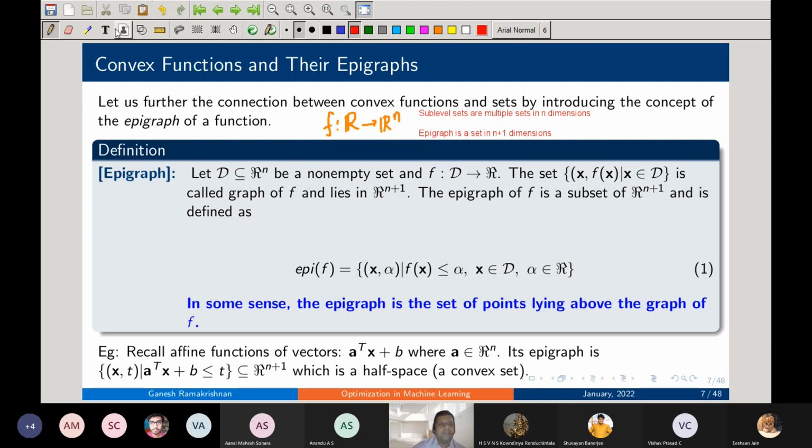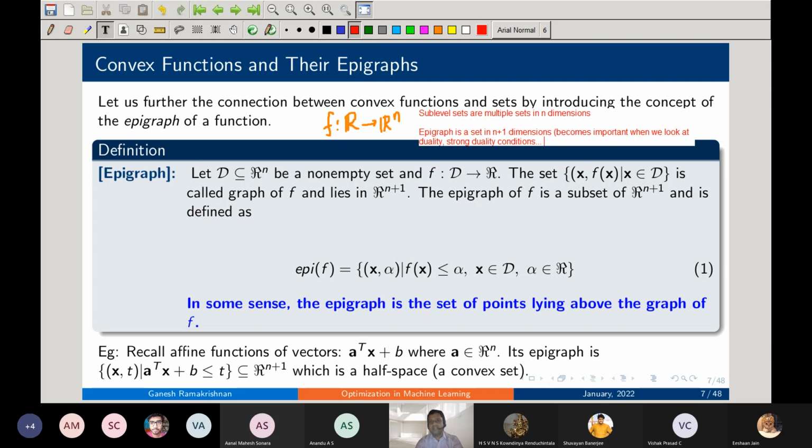Now, the notion of epigraph will become very important when we look at duality, for example, strong duality conditions, zero duality gap, and so on.